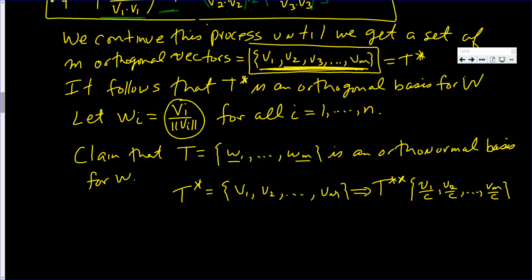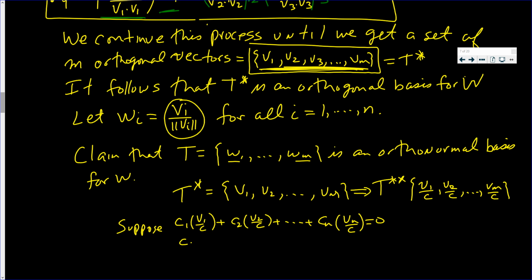Well, to show, suppose C1 times V1 over C plus C2 times V2 over C all the way down to C sub n, V sub n over C is equal to 0.